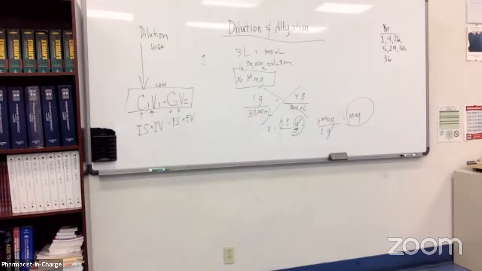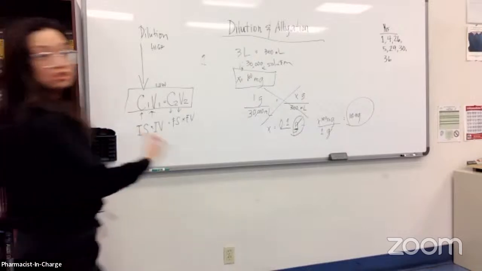Why did I say I can convert my 1:30,000 into percentage? Then what formula am I going to use? 1/30,000. You're going to get an answer in percentage as well. I'm telling you that so that you know your options can change.